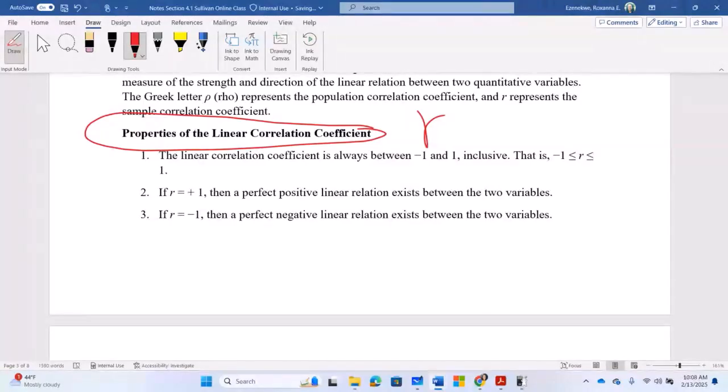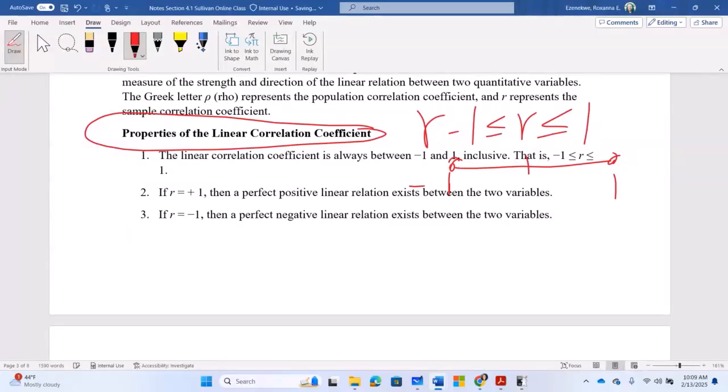The linear correlation coefficient is always between -1 and 1. So I can write an inequality: r is between -1 and 1, that is, -1 ≤ r ≤ 1. In other words, I can draw a number line, and the coefficient of correlation ranges from -1 to 1.